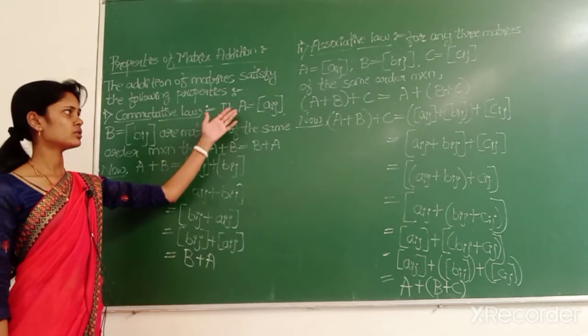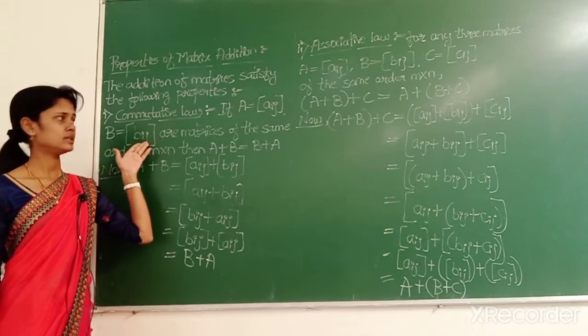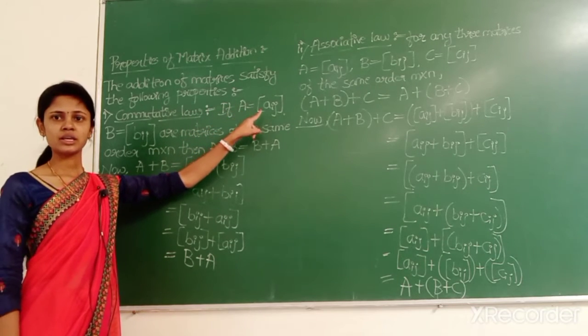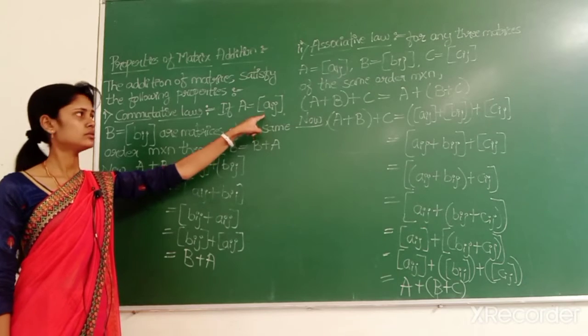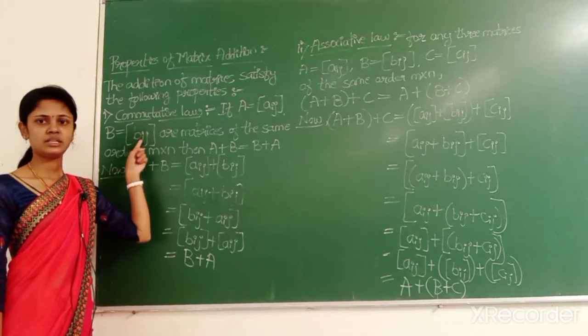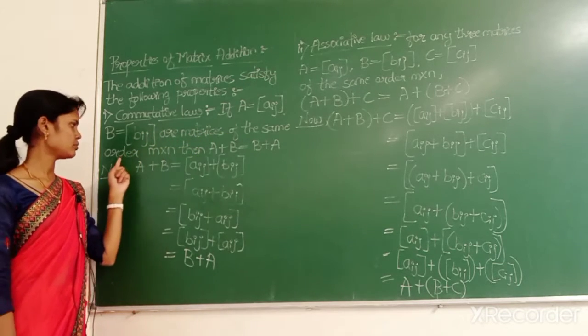If A = [Aij] and B = [Bij], that means in matrix A, Aij is an element, and in matrix B, Bij is another element, and they are matrices of the same order.